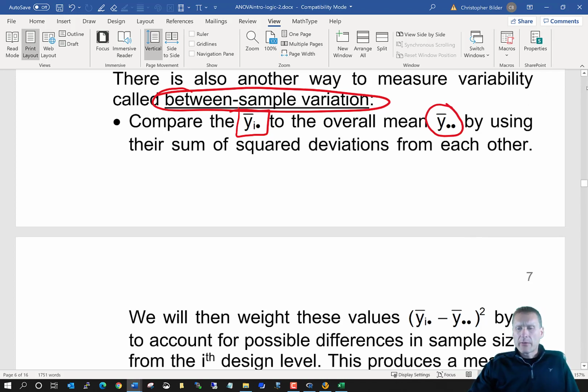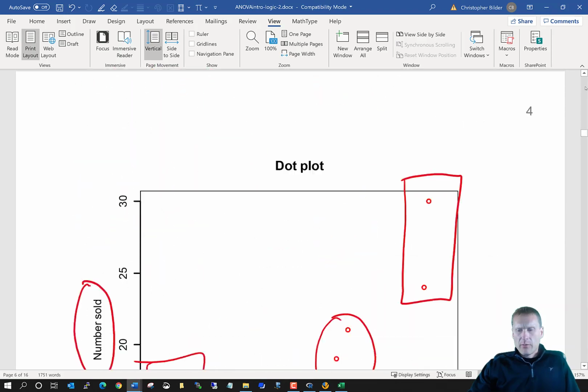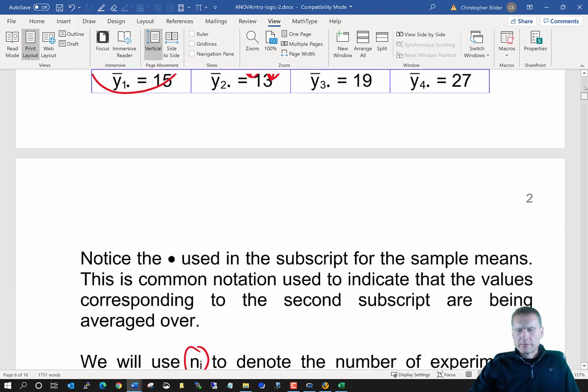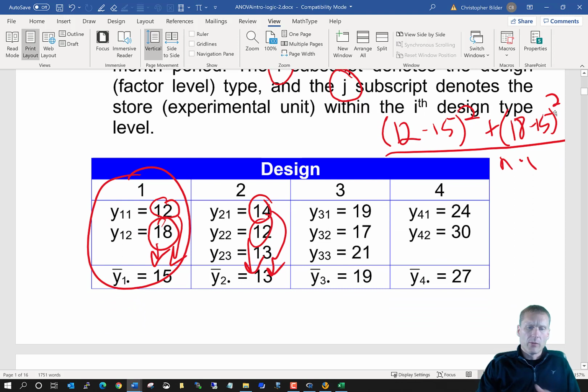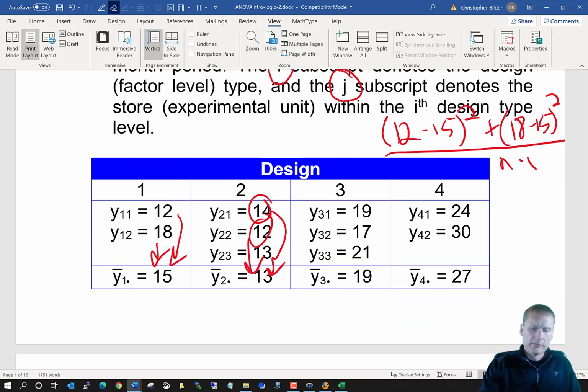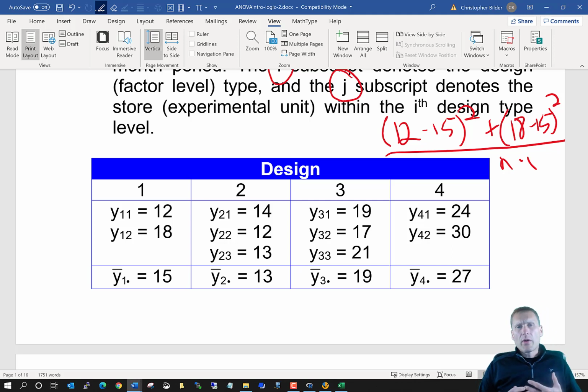So let me actually go back up to my data once again. There we go. I'm going to do some erasing once again as well. And so what this between sample variation looks at is this. Let's compare 15 to what the overall mean is, which is, let me see if I have it, I think it is 18.